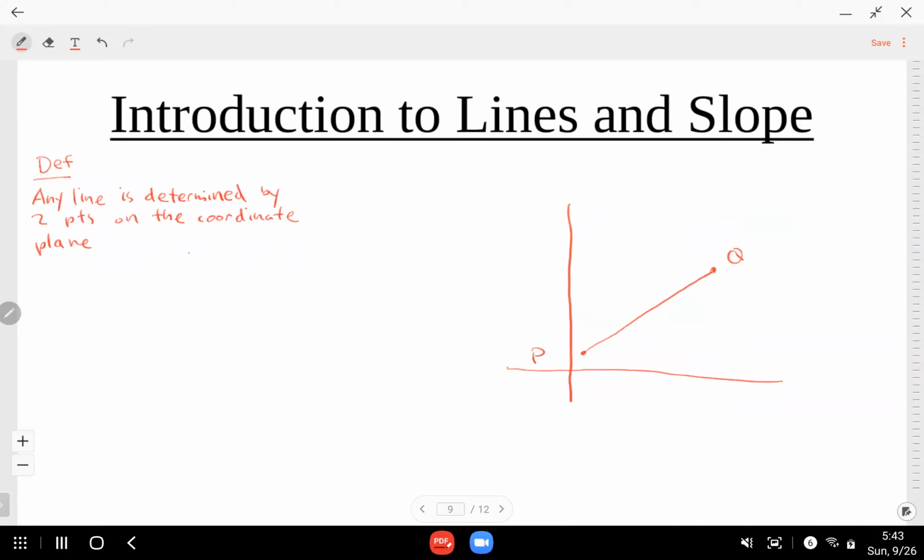We have P and Q. Of course, these extend, lines extend forever. And of course, I have to erase Q now because I did that. Okay, Q is over here.